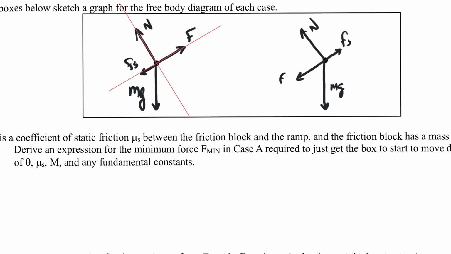I think the mg has to be broken up into its component forces. Don't you agree? So one of them this way, mg cos theta, and one this way, mg sin theta. That's pretty messy, but hey, you've come to expect messy from Mr. Shelton, I guess.